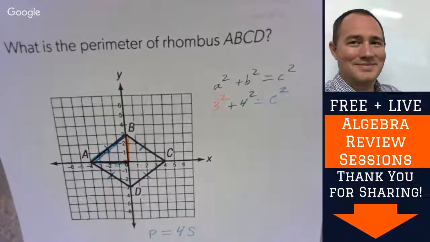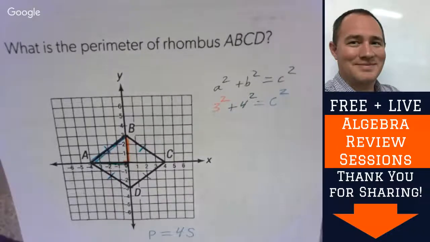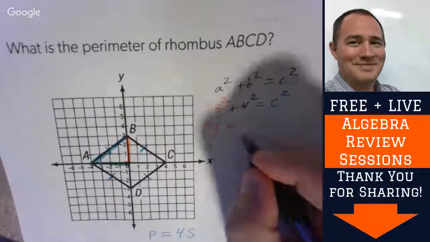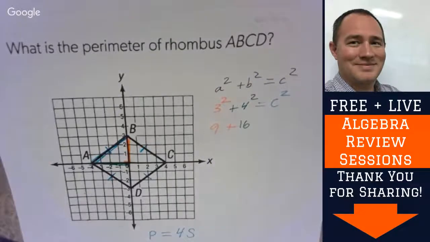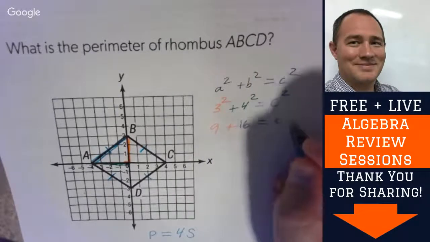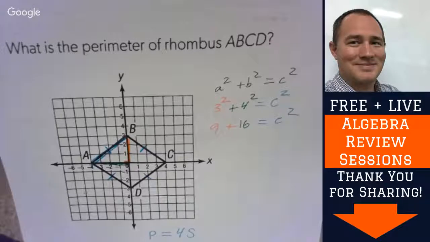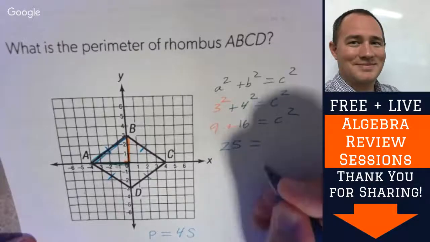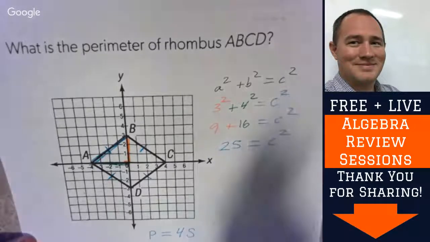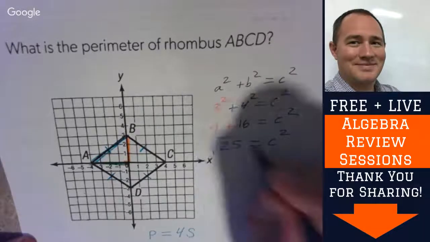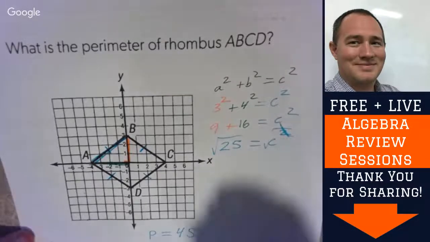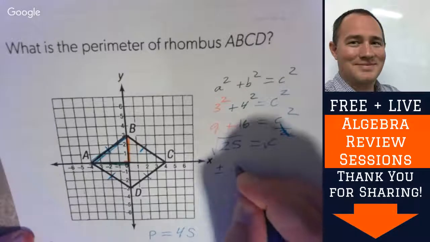So let's do the math now. 3 squared is 9, plus 4 squared is 16, equals c squared. 9 plus 16 makes 25. Take the square root of both sides to get rid of the square, and that's plus or minus 5.